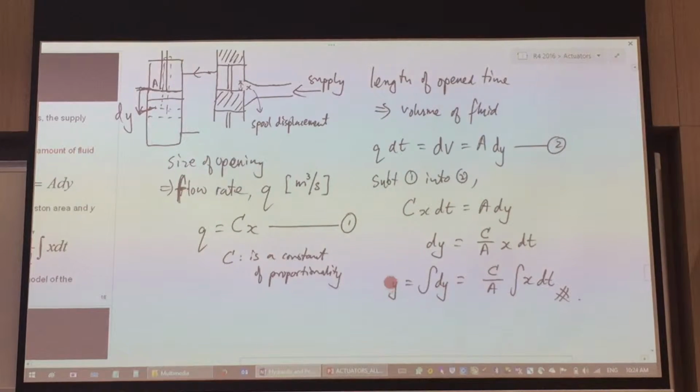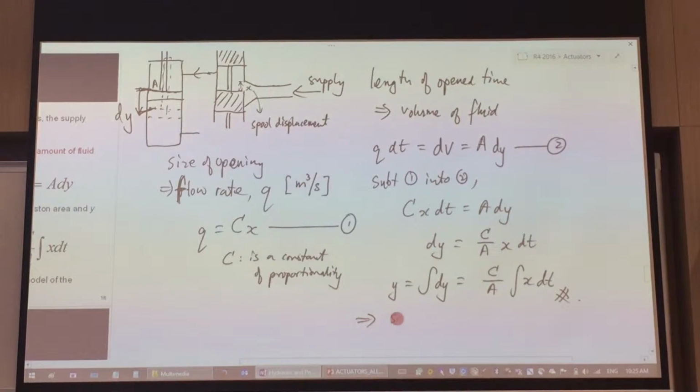So with this relationship, y, which is the amount of displacement that the piston moves down, relates to integrating x. Is it P, I, or D? So that relationship, that servo motor acts as an integrator.